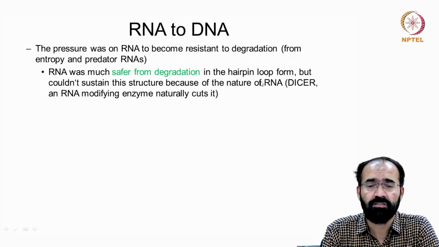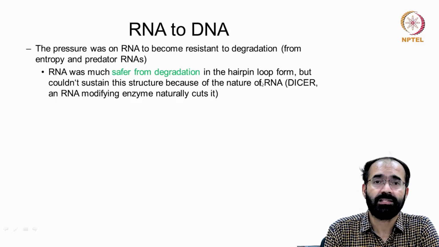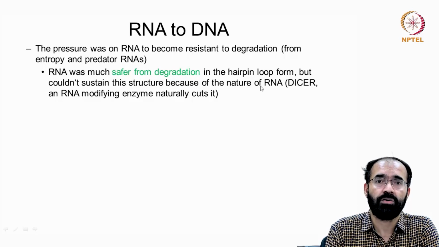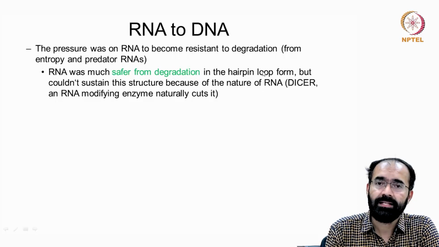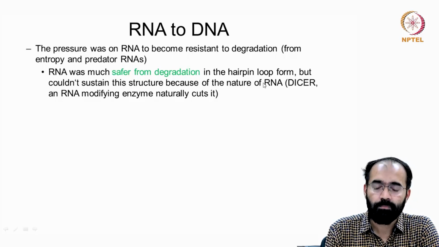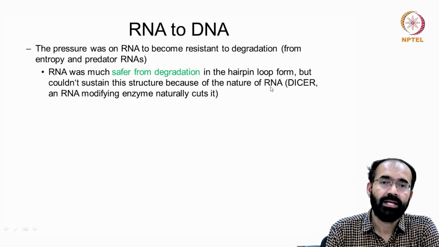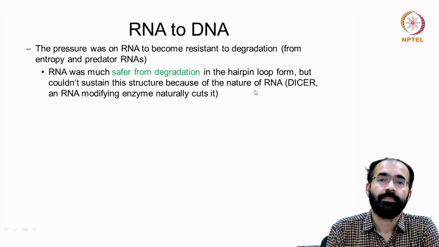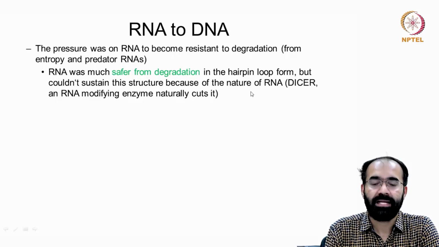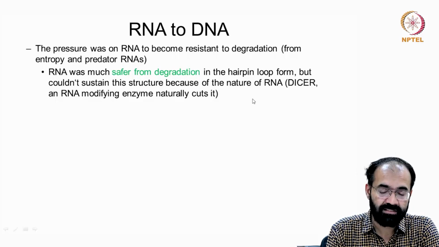You are feeling very cold. But if you want to take a bath, you can't take a bath with jackets on, right? In the same way, in the prebiotic world, you have plenty of RNA molecules that are protected by their secondary structure. However, when there is a need for replicating, it has to unwind it, which makes it vulnerable.